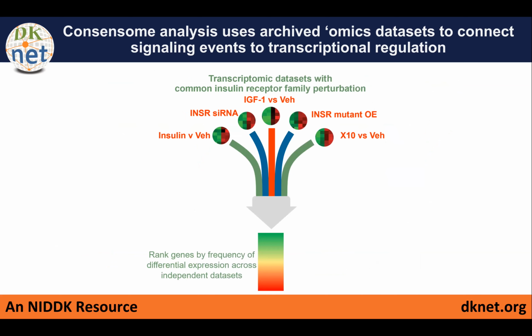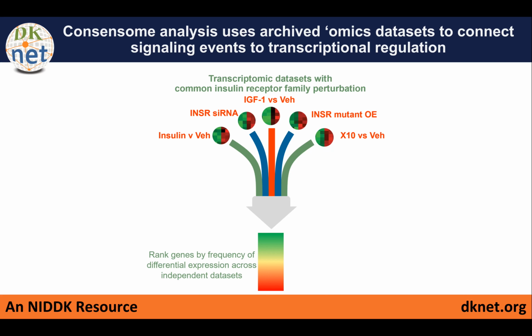So I'll give you an example here. I mentioned earlier that the consensomes for expression array and RNA-seq data sets involve manipulation of members of a specific node family. So I'll take the insulin receptor family.